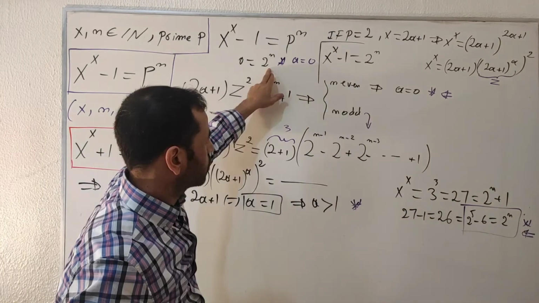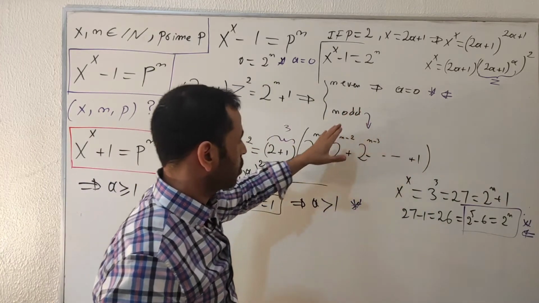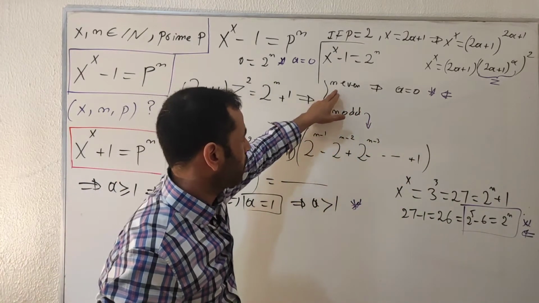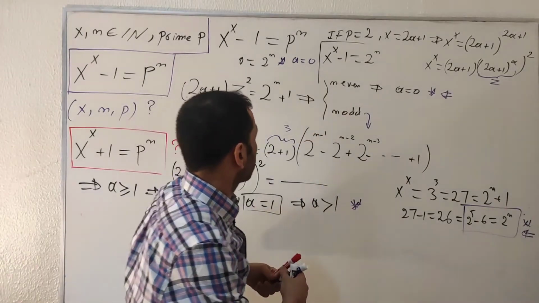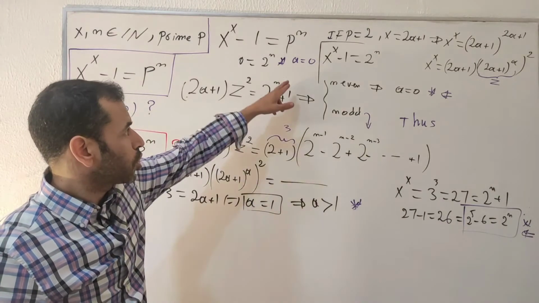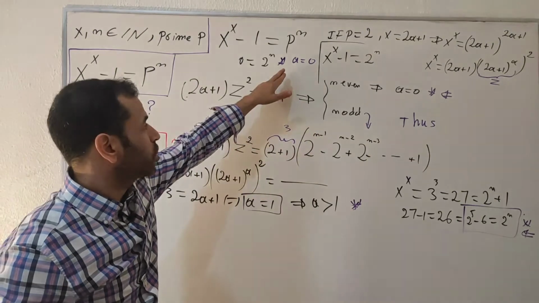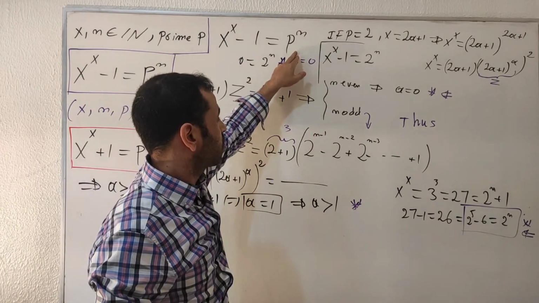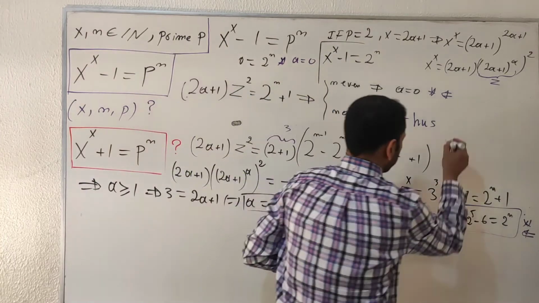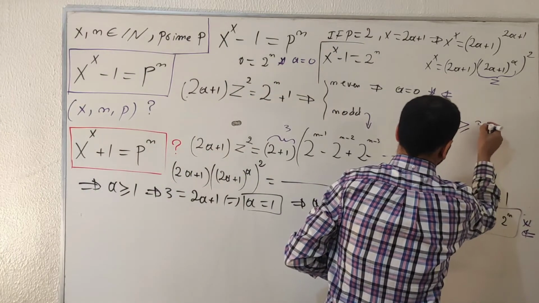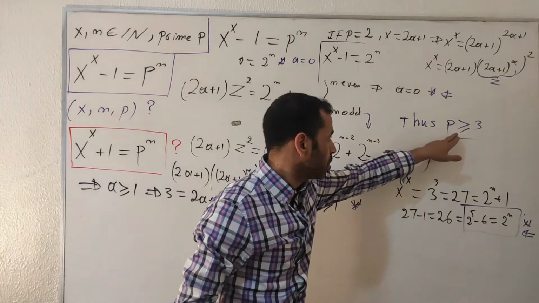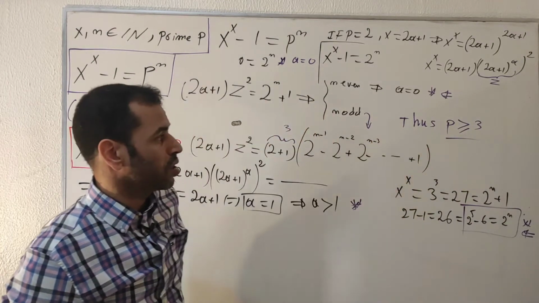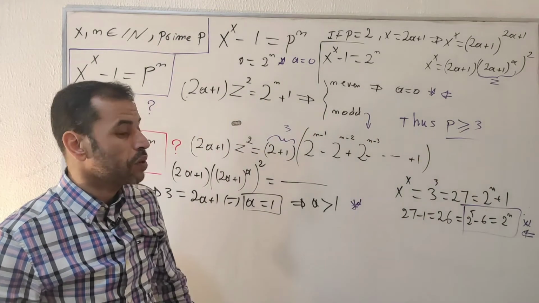Which means we have no solutions for the equation, both when n is even and when n is odd. So what we have constructed here is the parity of the prime. This is not an even prime, it is an odd prime, which means p must be greater than or equal to 3. Now let's take this one and discuss it in the next case when we have p as an odd prime.